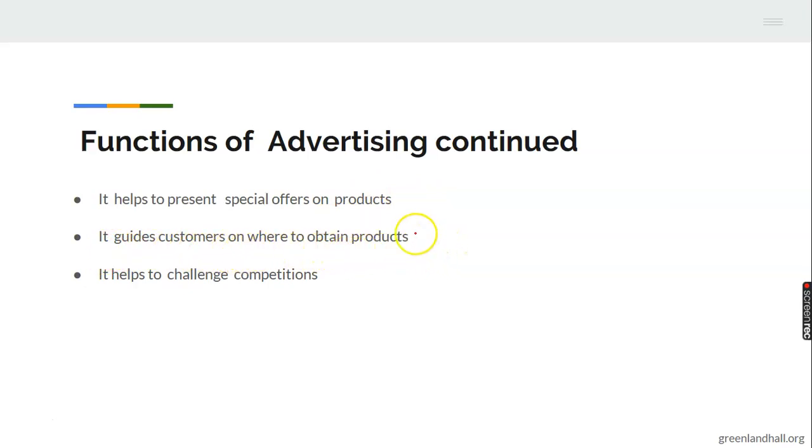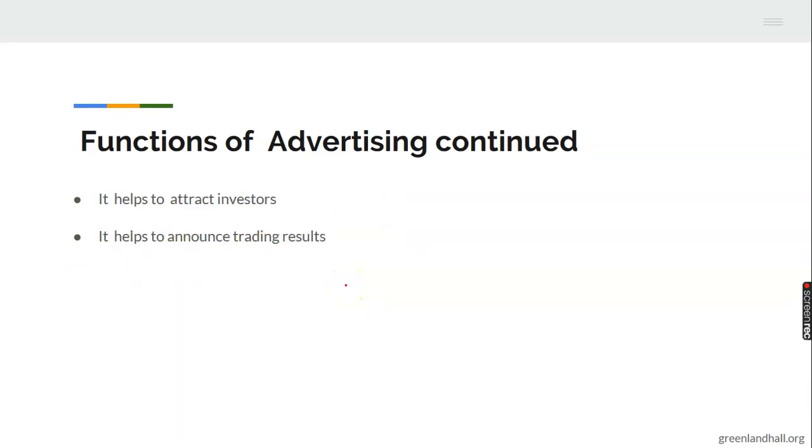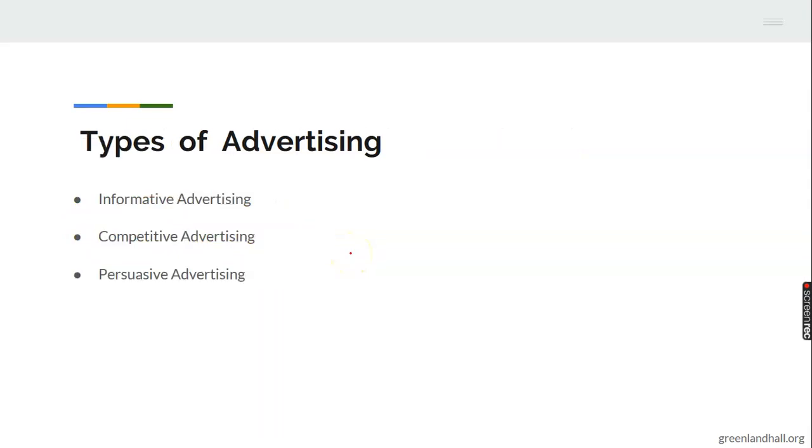That is, it directs customers to the locations where such products are available. And it helps to challenge competition. And it also helps to attract investors. And finally, it helps to announce trading results of the manufacturers or producers of products.